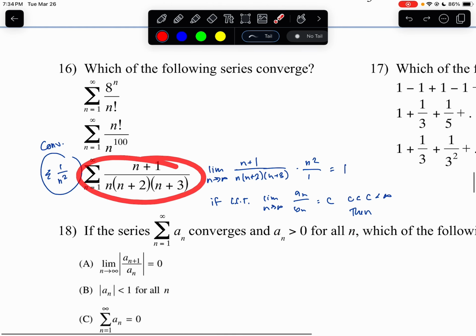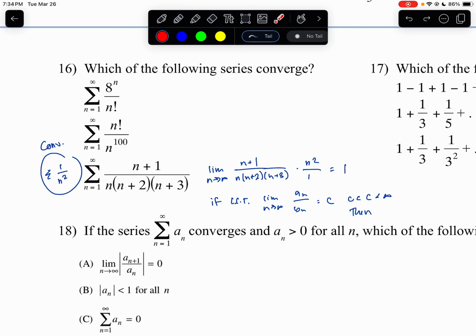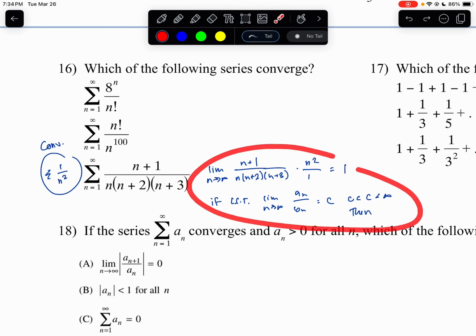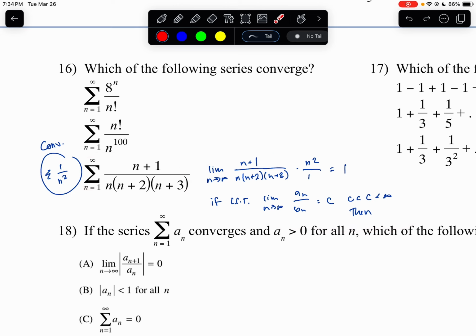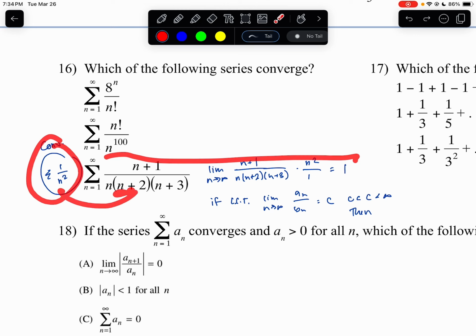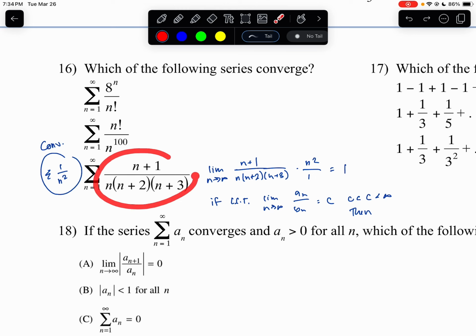So this one converges. This is nice, but if you can just see this by looking at it and seeing the comparison, that's a good thing. If you know that this converges and that's what this is similar to, this is going to converge if you run the limit comparison test. So I know this one converges.